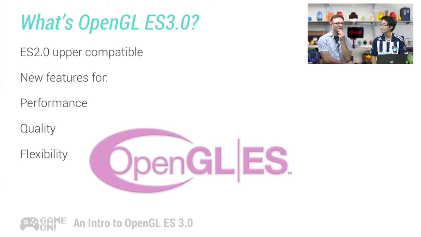I still don't quite understand what transform feedback is. Is that something you can explain further? Yes. In general, in ES2, the GPU work is just one way. The CPU issues a render command and the GPU does some work and renders it. That was it.